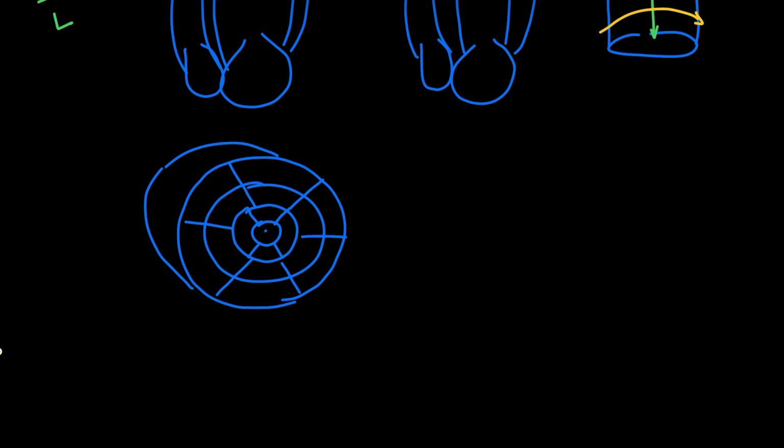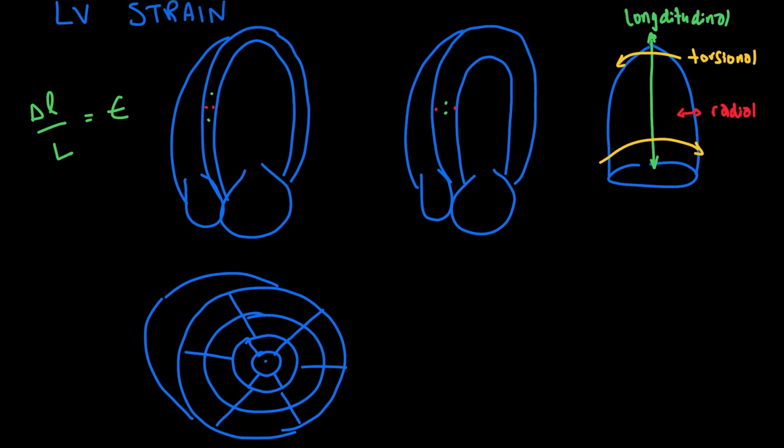And what we can do, so for example here, from our apical four-chamber view, we would look at these different segments. You've got your basal segments, then you've got your mid, then you've got your apical segments, and then you'd have a segment right at the apex itself.